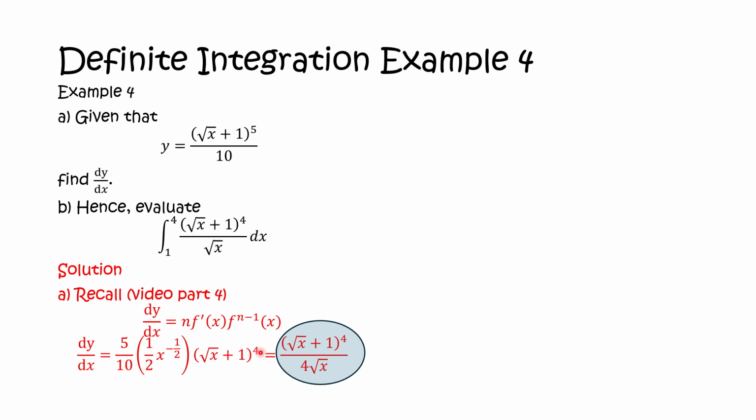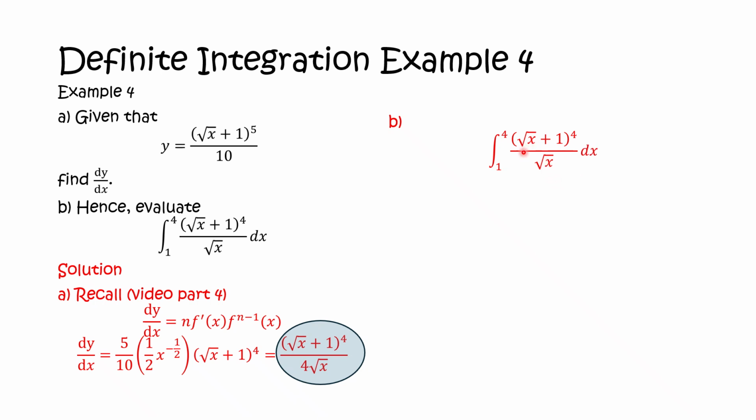And of course, we knew our n to be 5, so we just multiply it. Then we reduce the power by 1, so reducing 5 by 1, we get 4. In so doing, we also simplify, applying the laws of indices. We would end up having our answer as that given there. Great. Moving on to B.